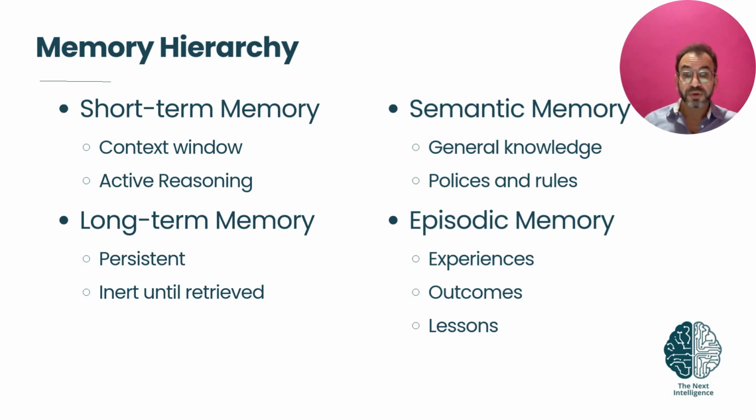And in the long-term memory, we typically distinguish between two types of memory, which are on the right side of this slide: the semantic memory, which is the knowledge that is generally true, and that includes policies, general facts, rules, and so on. And the episodic memory, which is the experience that the agent has gone through, from failures, successes, lessons learned, and so on.